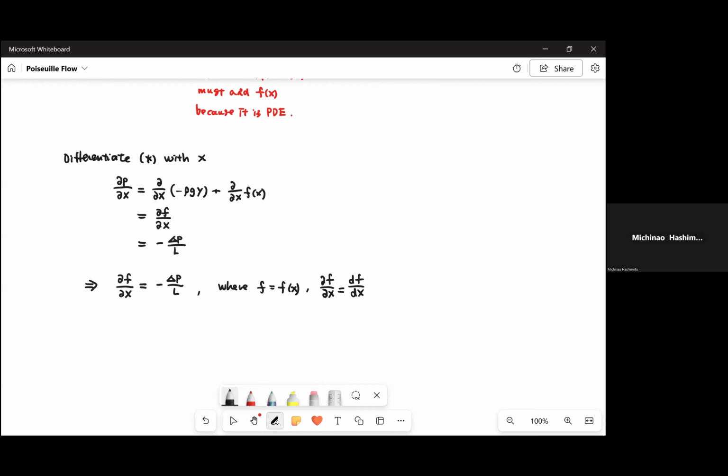So this is really great. This allows us to find the complete answer. So df/dx equals minus delta P over L.